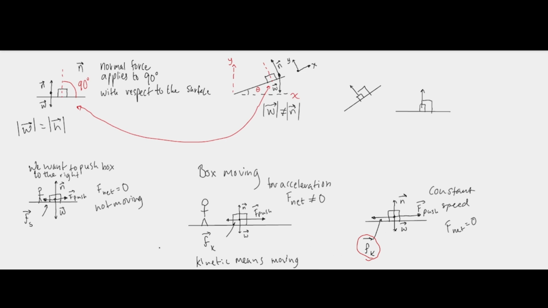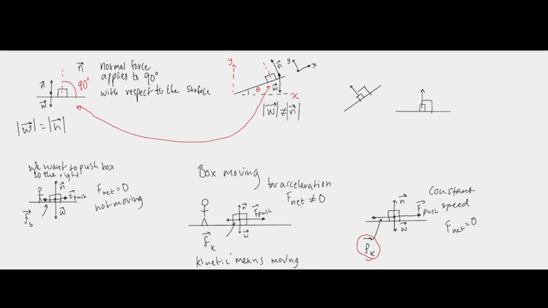So these are the three different cases here. We have the case of static friction where the box is not moving, but we have some applied force. And to counter that applied force, the box, so it's not moving, has to have some other force pointing to the left that's countering that force. That's the force of static friction. Then we have a box that is accelerating, where the force of the push in one direction is larger than the force of kinetic friction.